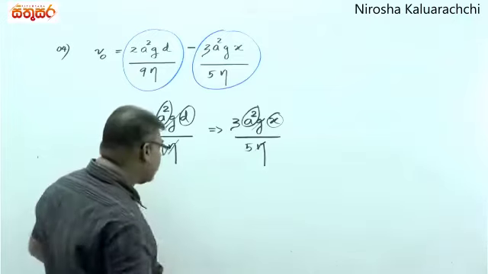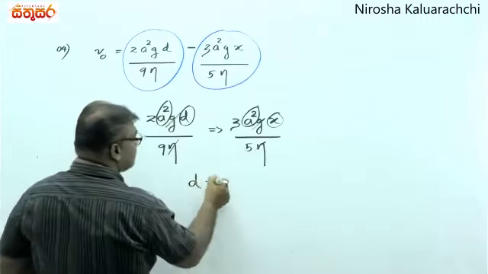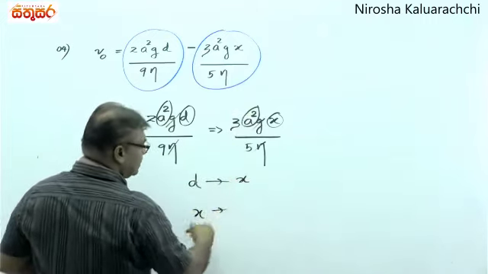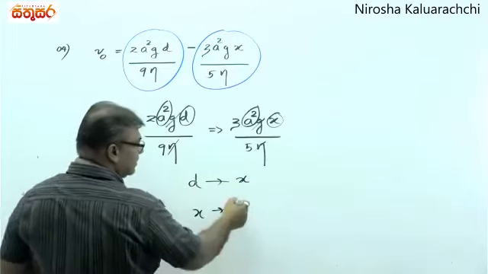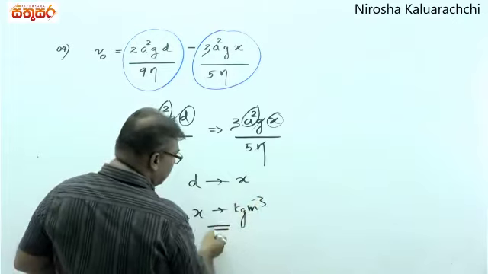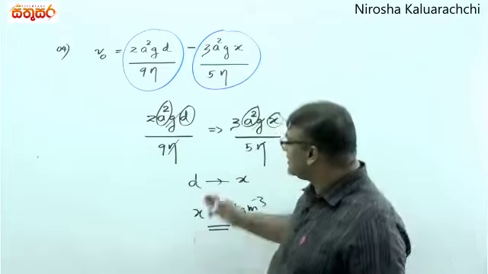Clear so far. Then you can say this side we have density, the other side we have x. Then x should be d, density, kg m minus 3. Can you put the final answer? It's very easy, no? But we don't write like this.